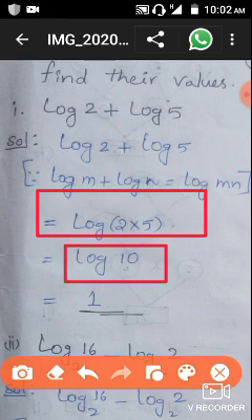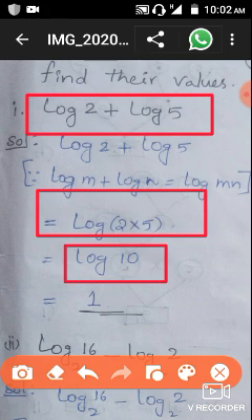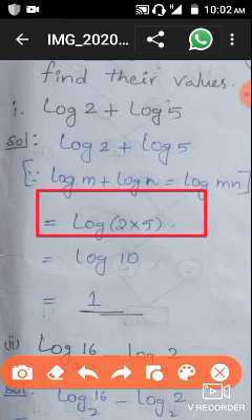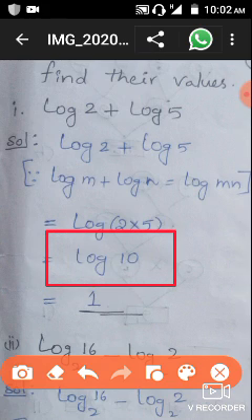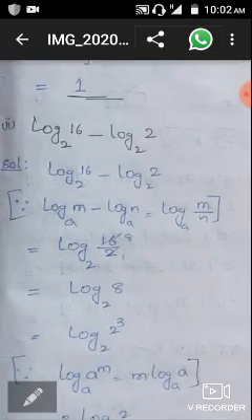So log 10 base 10 equals 1. This is the first solution. Next we go to the second solution.